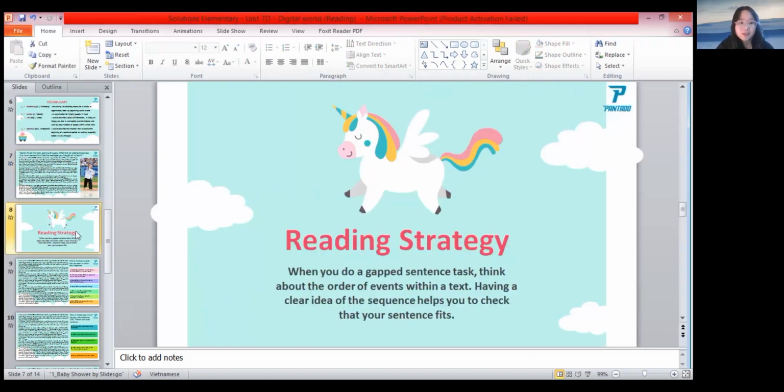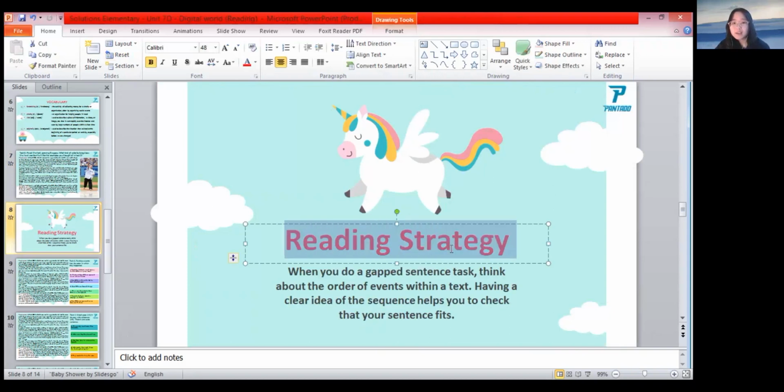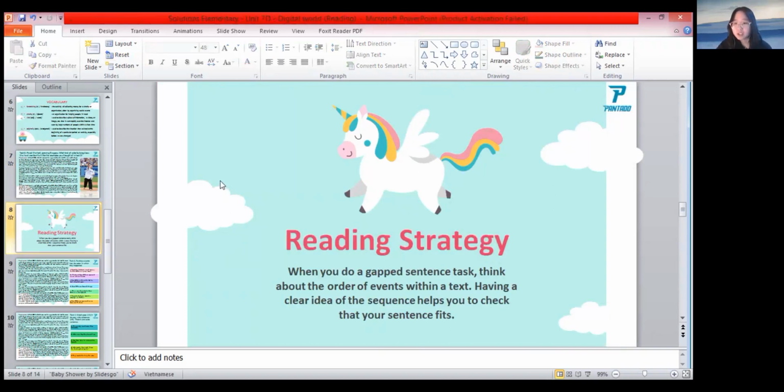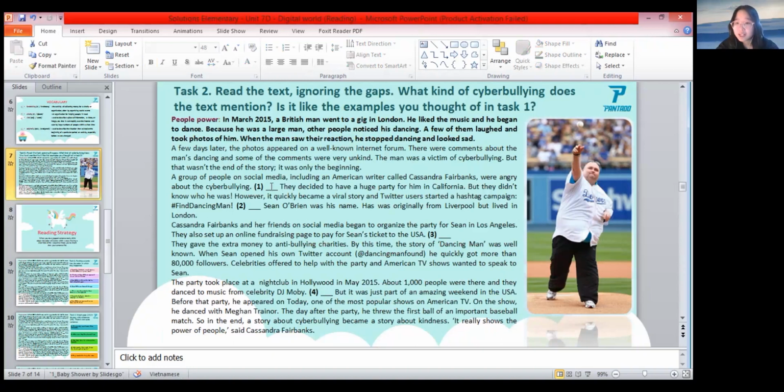Okay. Now we have the reading strategy for today's reading comprehension when you do a gapped sentence task. Okay, so today's reading text, we're gonna be dealing with the gaps. Okay, and how can we deal with the gaps here?